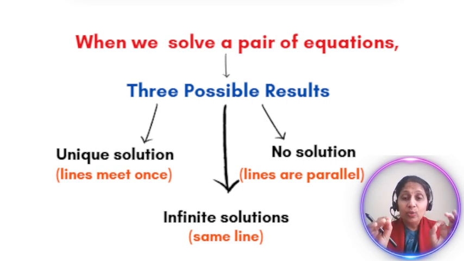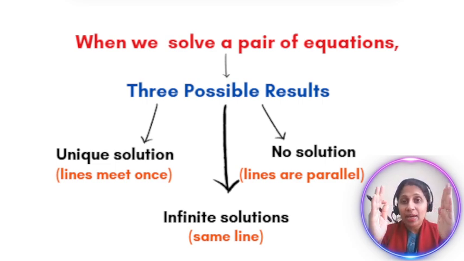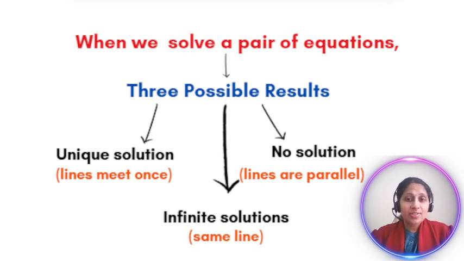If you get no solution, it means that the two lines are parallel, which are not touching each other. Or if you get infinitely many solutions, that means the two lines are the same, which means they overlap completely. This is called the nature of solution.